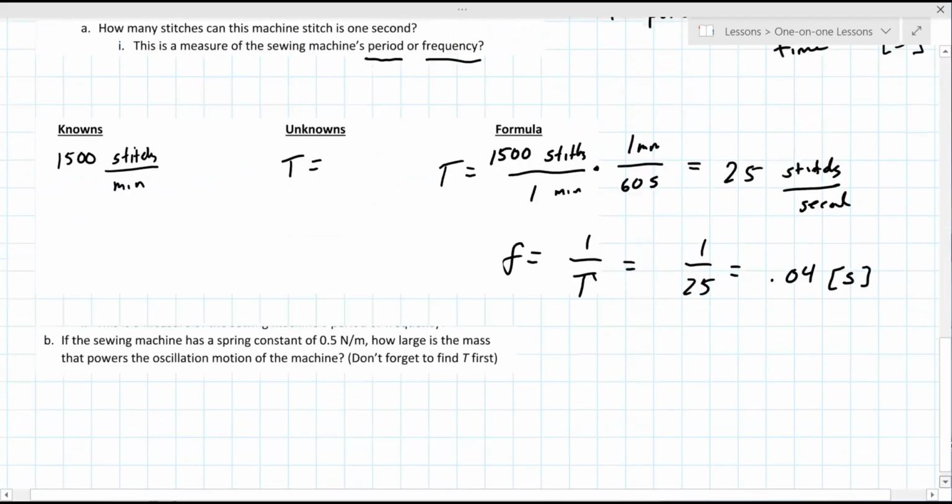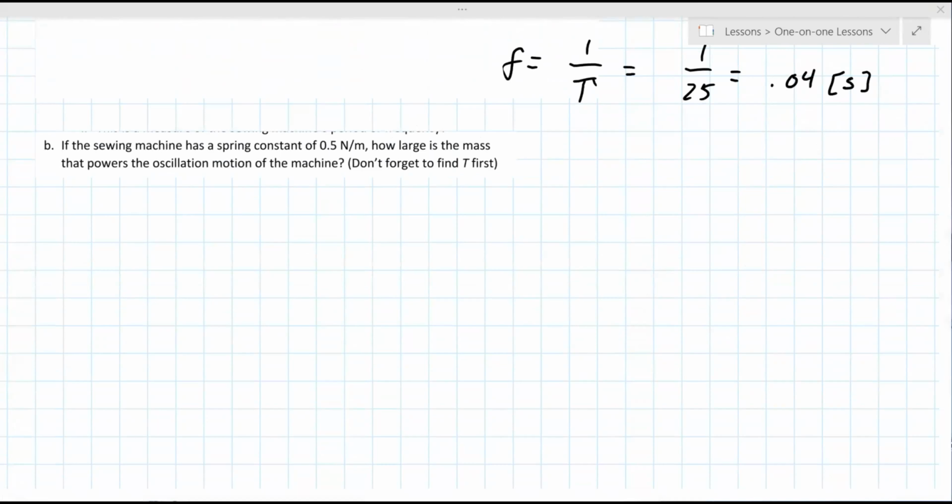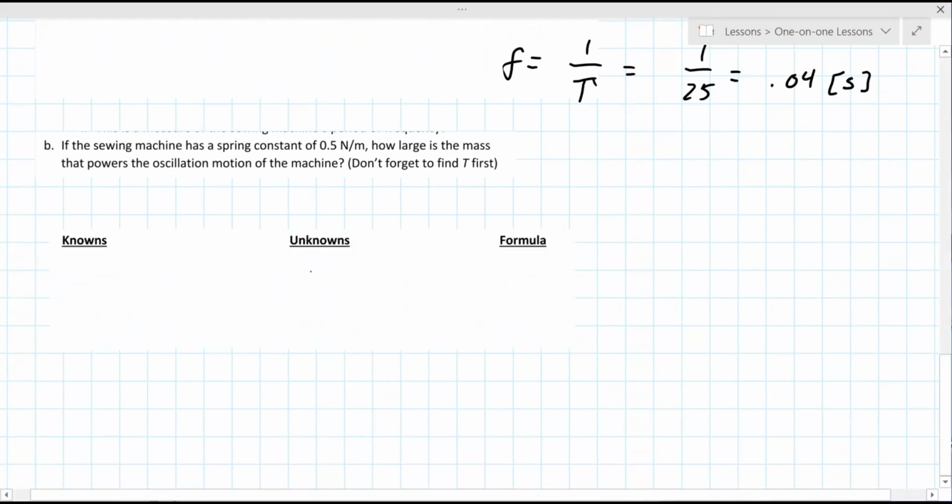All right, part B. In part B, we're trying to find how large the mass is. So we're trying to find M. I like to go back to the formulas because I don't remember them very well.